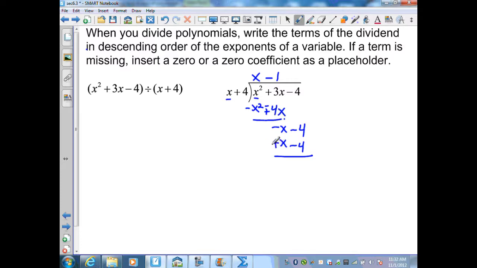Positive, since that's negative, and positive, since that's negative. I change both signs. That sets up a subtraction. Negative x plus x is 0. Negative 4 plus 4 is 0. In other words, I have a remainder of 0, and each are factors of my polynomial.